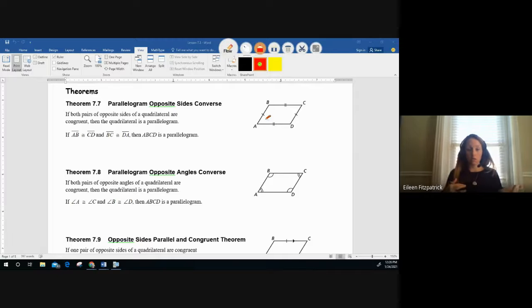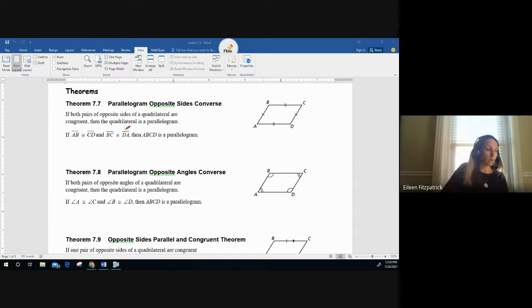And then once you conclude it's a parallelogram, everything we know about a parallelogram becomes true about this figure. Okay, so the way we write it in our proof or as a justification is opposite sides congruent implies parallelogram. So again, now that I know that the opposite sides are congruent, I can say, oh, well, this must be a parallelogram.